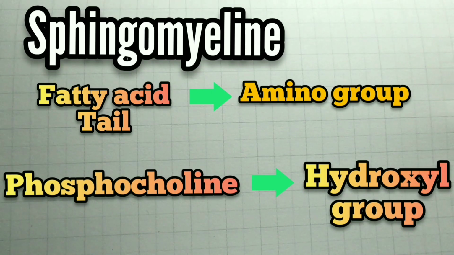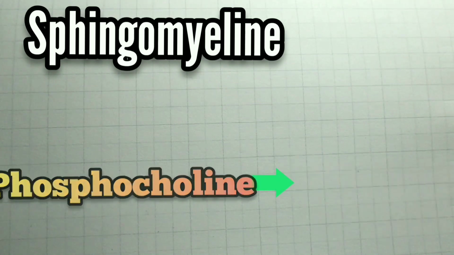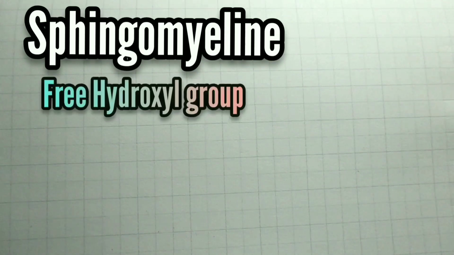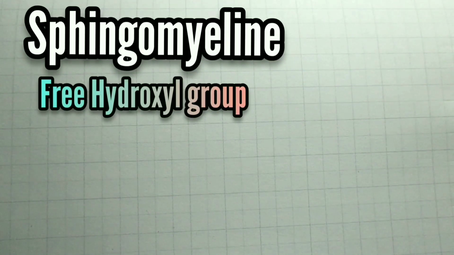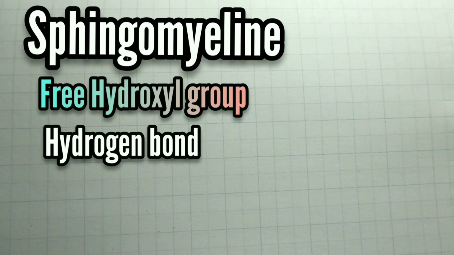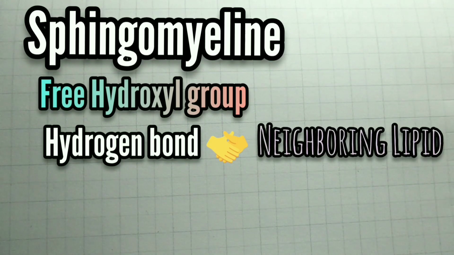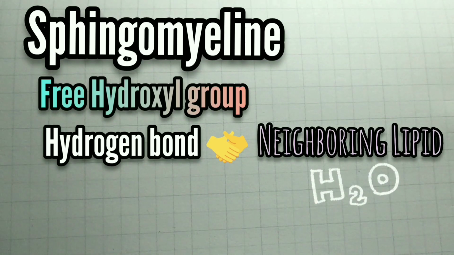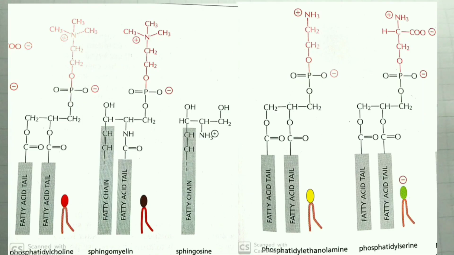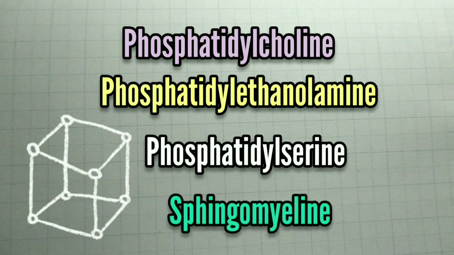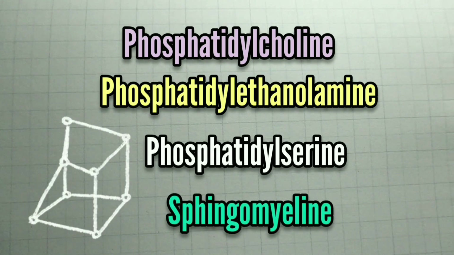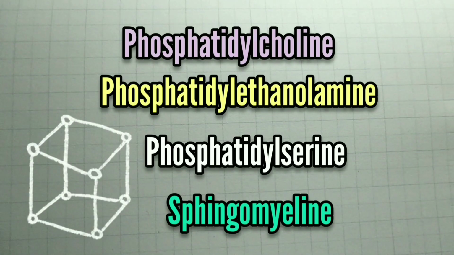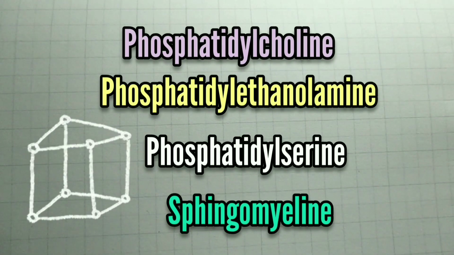The free hydroxyl group contributes to the polar properties of the adjacent head group, as it can form hydrogen bonds with the head group of a neighboring lipid, with a water molecule, or with a membrane protein. Together, the phospholipids phosphatidylcholine, phosphatidylethanolamine, phosphatidylserine, and sphingomyelin constitute more than half the mass of lipid in most mammalian cell membranes.